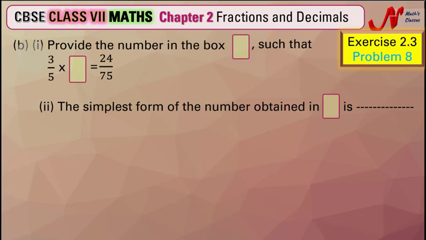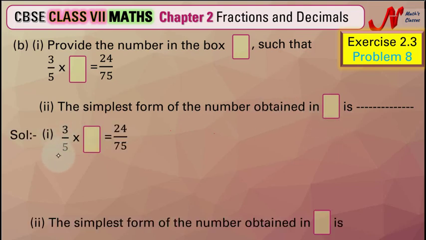In the eighth problem, part B, it is given: provide the number in the box such that 3 by 5 into box is equal to 24 by 75. And the second part is: the simplest form of the number obtained in the box is dash.